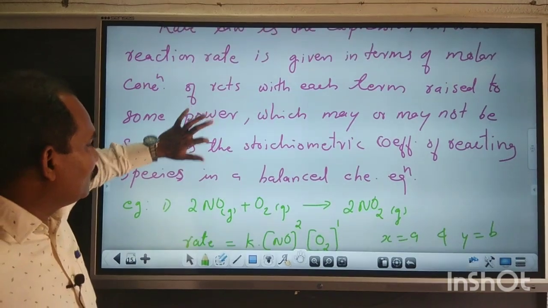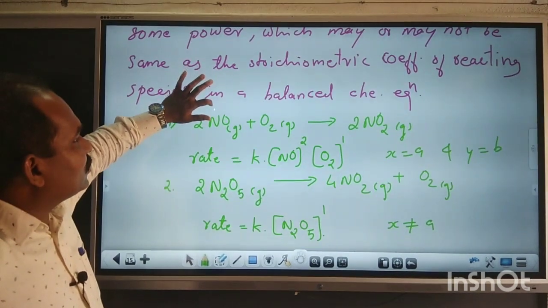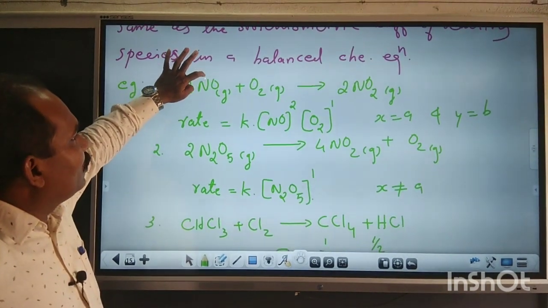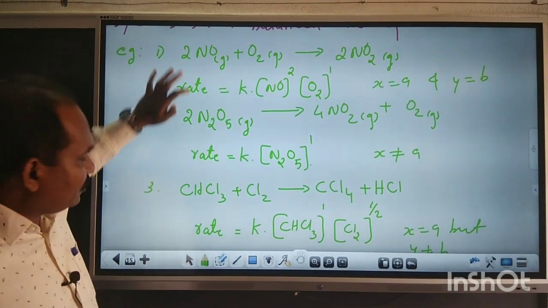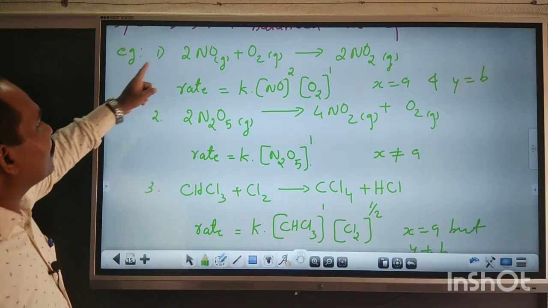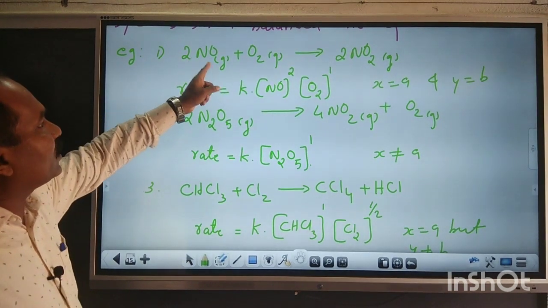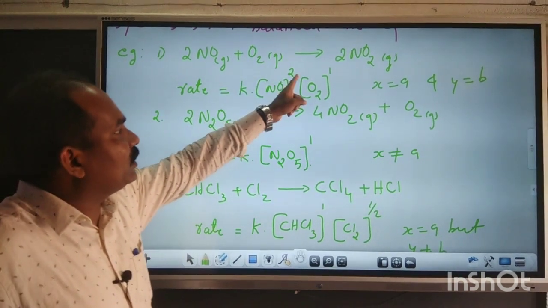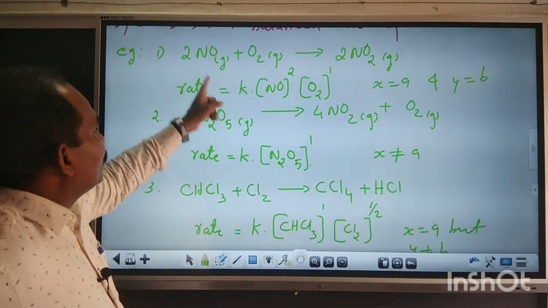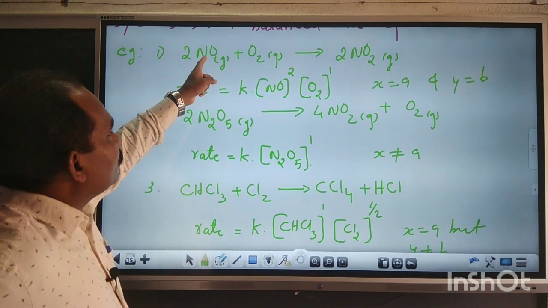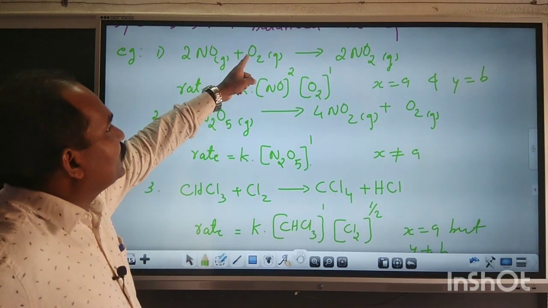Then we move to explain the rate law by taking some examples. The first example is 2 NO gas plus O2 gas gives 2 NO2 gas. The rate is equal to, here A is NO and B is O2.